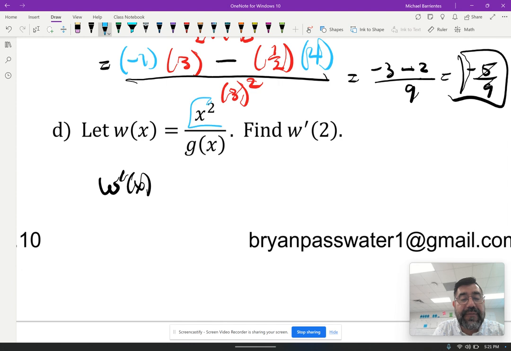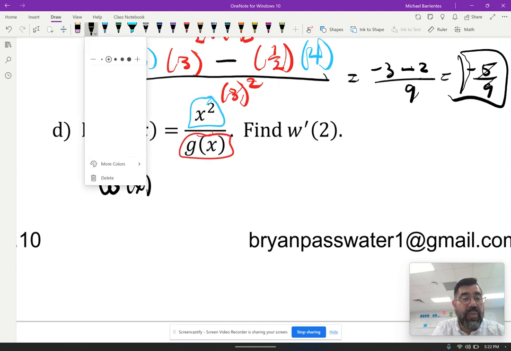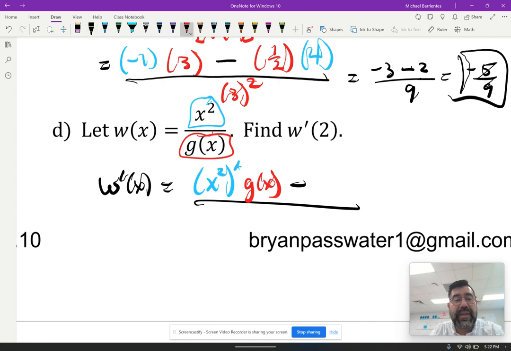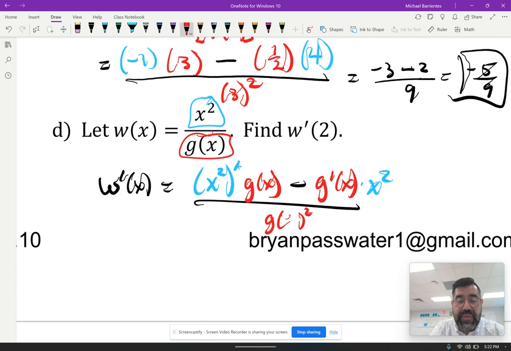Again, if I think of this as a top and a bottom instead of an f of x and g of x, then we're going to find the derivative of x squared times the bottom, which is g of x, minus the derivative of the bottom, which would be g prime, times the top, which is x squared, all over g of x squared.